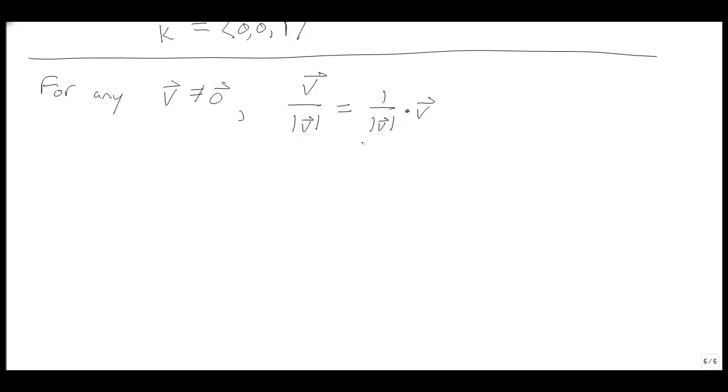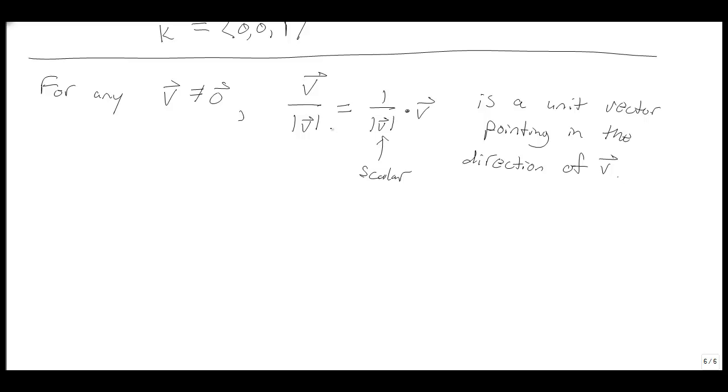So note this is a scalar times a vector. The magnitude of v is a number, so we're just scaling v. So this should be in the same direction as v. And it'll turn out that this will always be a unit vector pointing in the direction of v. And this will be useful later on.